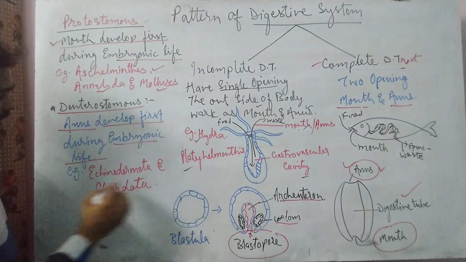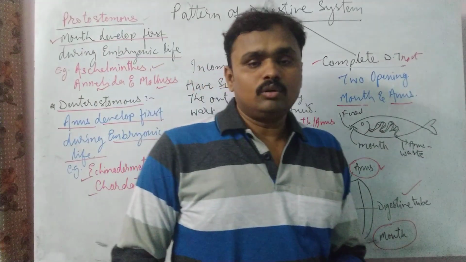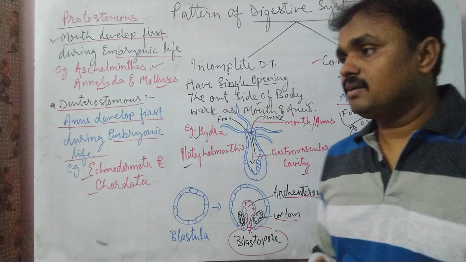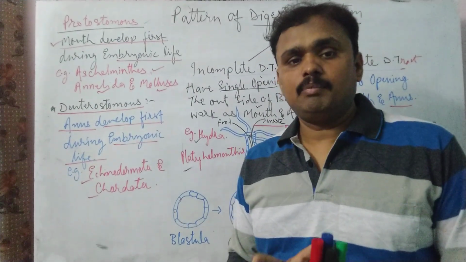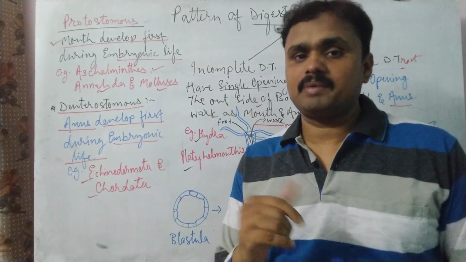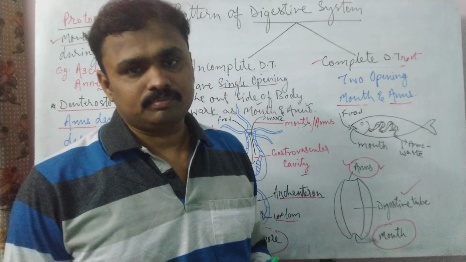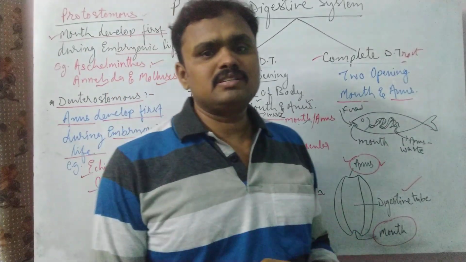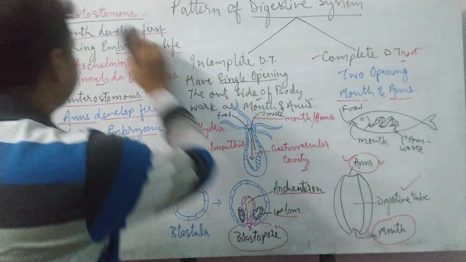Here we find two animal groups, Echinodermata and Chordata. So this is a very important basis of classification, through which we can study the type of digestive tract. Next we will see the circulatory system, that is the open circulatory system and closed circulatory system.